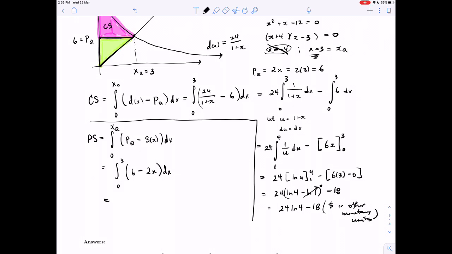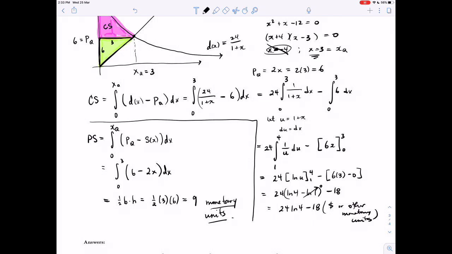And so we're going to do 1/2 the base times the height to find the area of that region. 1/2 of the base is 3, times the height is 6, and so 1/2 of 3 times 6 is 3 times 3, which is 9. And again, whatever monetary units apply to the problem, there's none given here, but this is some sort of monetary value.